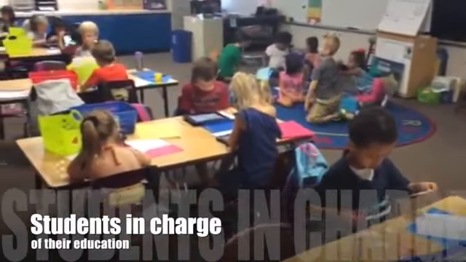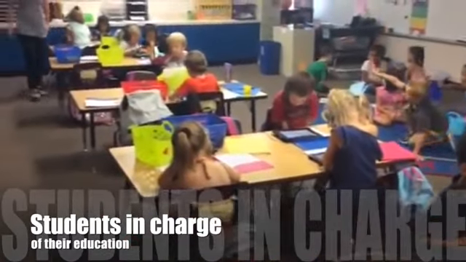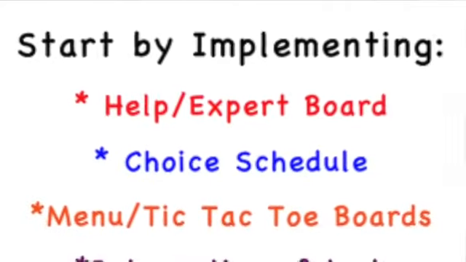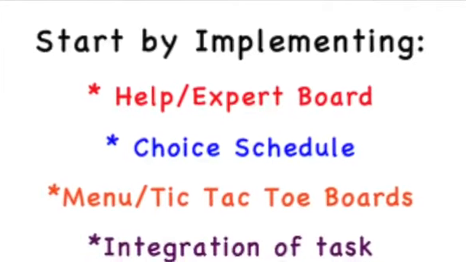And students in the beginning of the day are scheduling those small groups into part of their schedule. For those students that are mastering and are proficient at those standards, they don't need to sign up for a small group, but they certainly can join in. Most of them are able to decide to move on to those enrichment activities, those extension activities that are offered through our choice schedule.